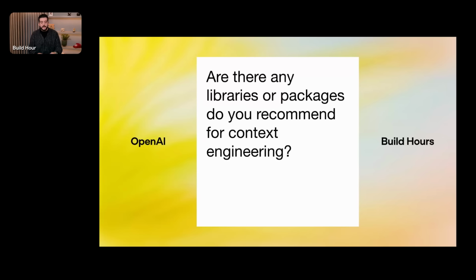Yeah, so are there any libraries or packages to recommend for context engineering? So this demo is built by using OpenAI's Agents SDK package and library. It gives you a really good flexibility to implement your own sessions. And in these sessions, you can easily implement trimming, compaction, summarization, and all of that type of techniques easily here. So I see many different libraries that are evolving really fast to basically make your life easier for context engineering.